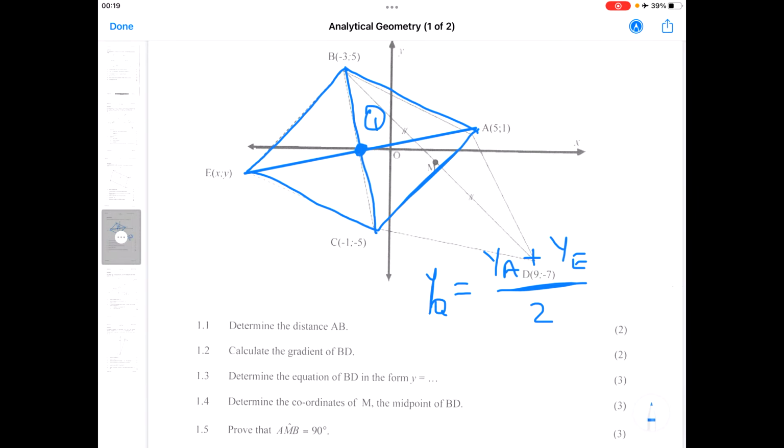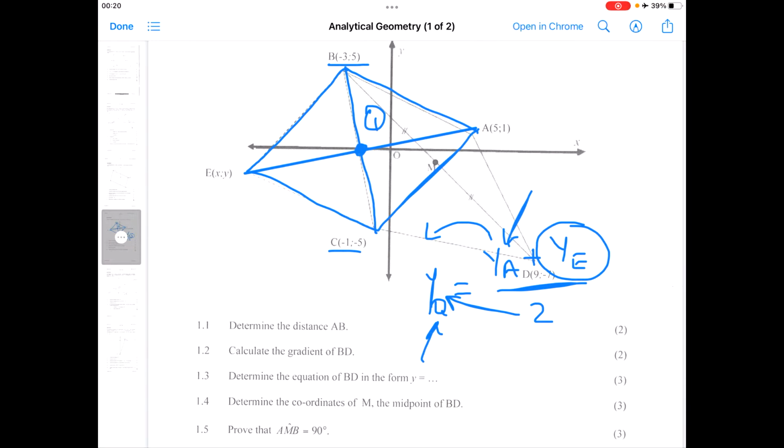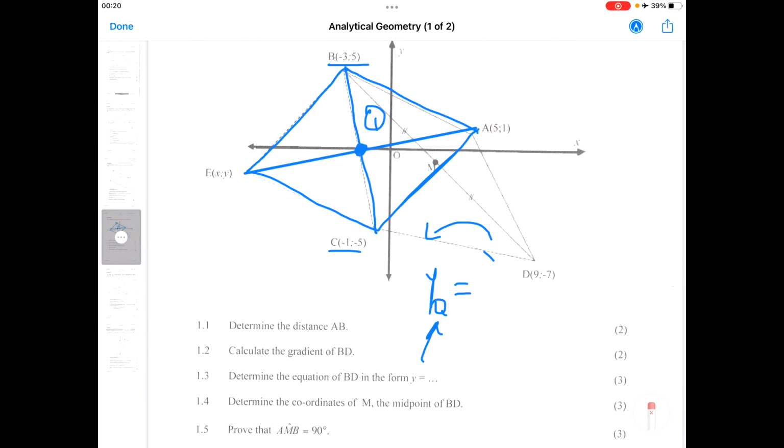Y at Q, you would have calculated from those 2 points. Then you substitute the y value there, then you just cross multiply, and then you take this to the other side. That's how you calculate the y value at E. You do the same for the x value, and that's how you score yourself full marks for that question. It looked a bit complicated, but it seems to be an easy question.